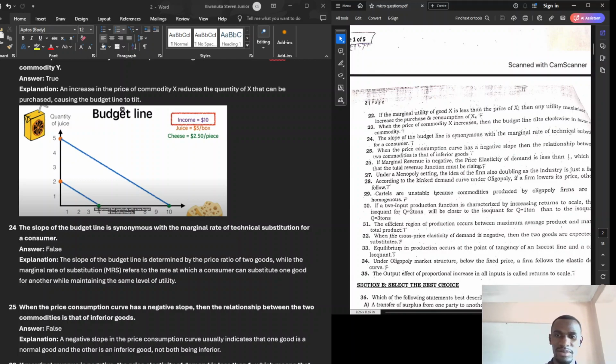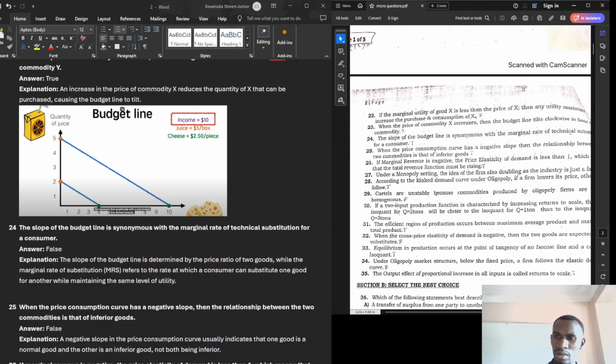Number 26. If marginal revenue is negative, I don't know if you understand what marginal revenue being negative means. We are having a ratio over ratio. The price elasticity of demand is less than 1.